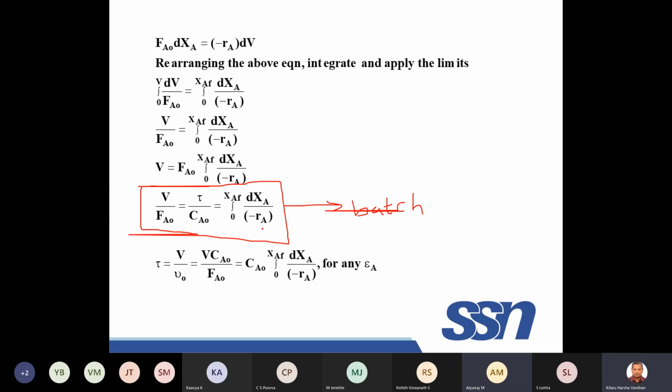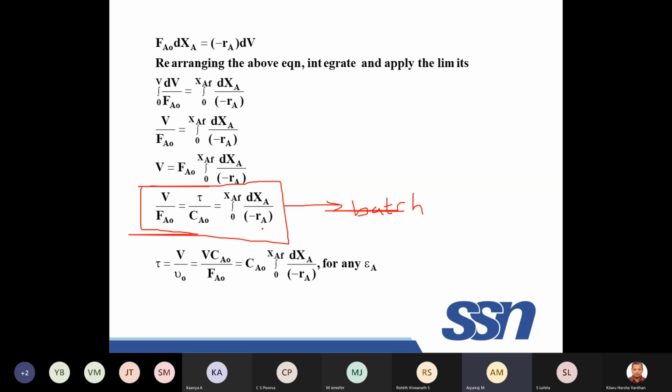The performance equation came the same because in a continuous reactor we are calculating in terms of space time. It is the time required for processing one reactor volume of the feed. We calculate the space time when a particular reacting volume is there in the reactor and the time taken for that to convert.